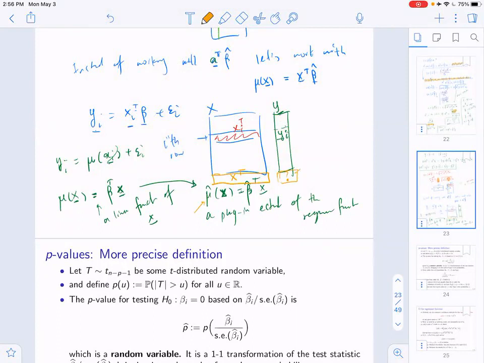So this would be mu of x plus noise. I don't get to observe it, but I can try to predict it. So that leads to the idea of estimating the mean of a new observation, or predicting the value of a new observation. So we can build confidence intervals for this. We can do hypothesis testing for this, all of that.